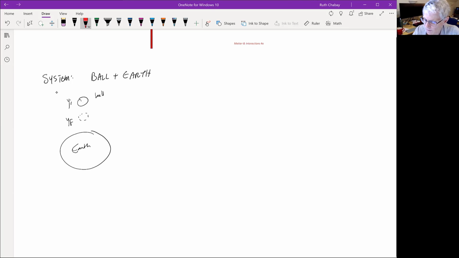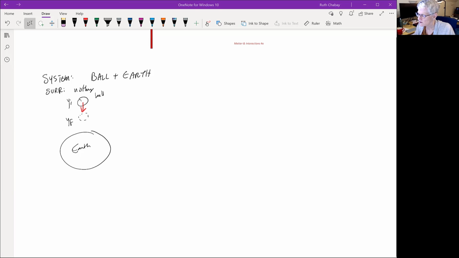The force by the Earth is down. So system, ball plus the Earth. If the ball plus the Earth is the system, what's in the surroundings? Nothing. That's right. Now there is air, so air would be a legitimate answer. We're going to neglect air resistance here.